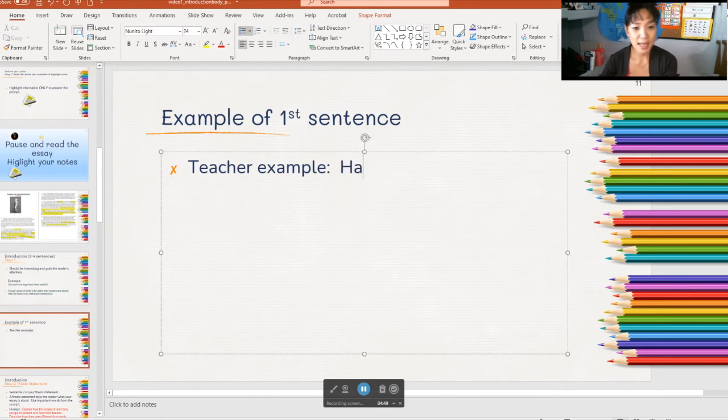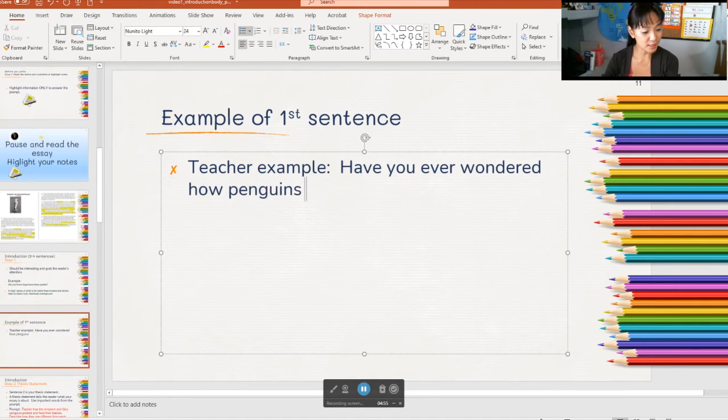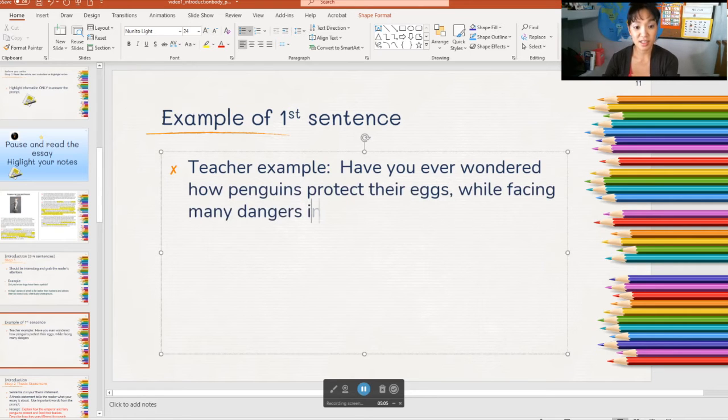All right. Have you ever wondered how penguins protect their eggs while facing many dangers in the wild? All right, so that is a question, and it'll be my very first sentence of my introduction.